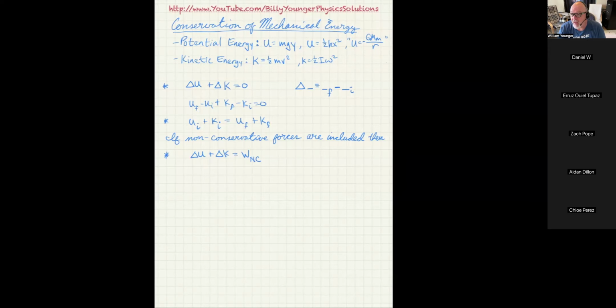Now, another reason to have a negative is if an object ends up going lower than where you called y equals zero, then yeah, it's going to come out to have a negative potential energy. So that can occur, but you're not ever going to put them in intentionally to get the negatives. You almost always are going to choose some lowest point in your whole motion as the y equals zero case, in which case all your potentials will be positive.